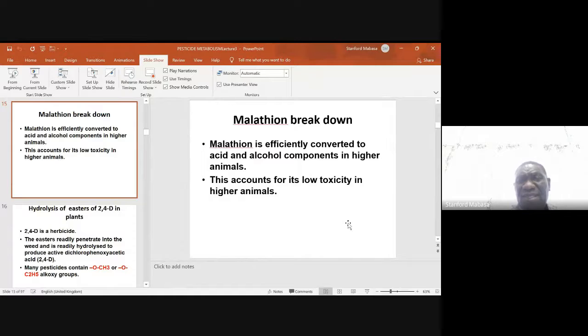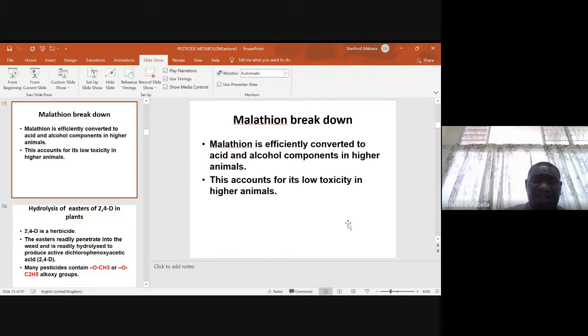So malathion is efficiently converted to acid and alcohol components in higher animals. Probably this is the reason why it is not very toxic to higher animals. But of course, it's quite toxic to insects.